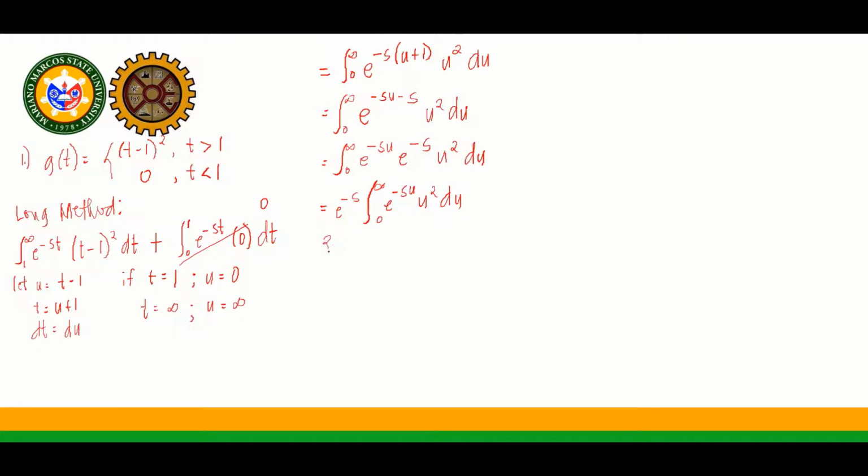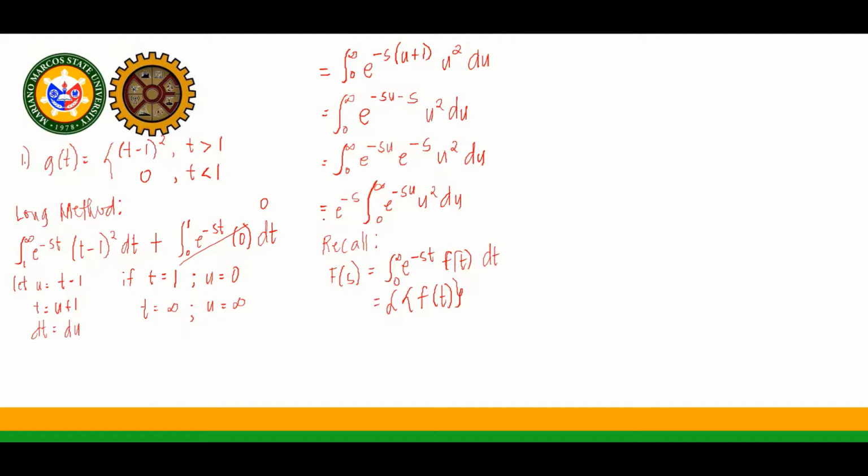So from there, let us recall na yung general formula natin for Laplace transform is equal to the integral of e raised to negative st f of t dt, limits from 0 to infinity, is equal to the Laplace of f of t. So kukunin lang natin yung Laplace of f of t. But in this case, yung Laplace of f of t natin is the Laplace of f of u, kasi with respect to u tayo.